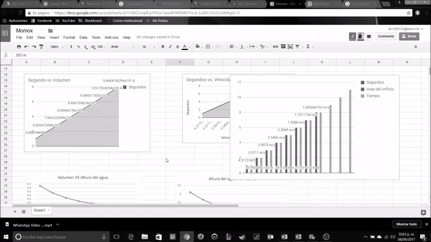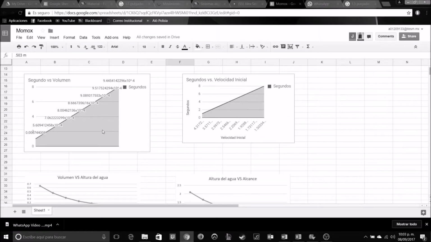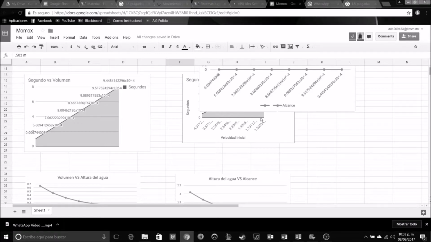So now let's see. These are the seconds, and this is how the volume of the water that was getting out of the tube is going up, as you can see. So as the seconds passed by, the water that got out increased. Well, actually you can say that it decreased because it obviously had less initial velocity.